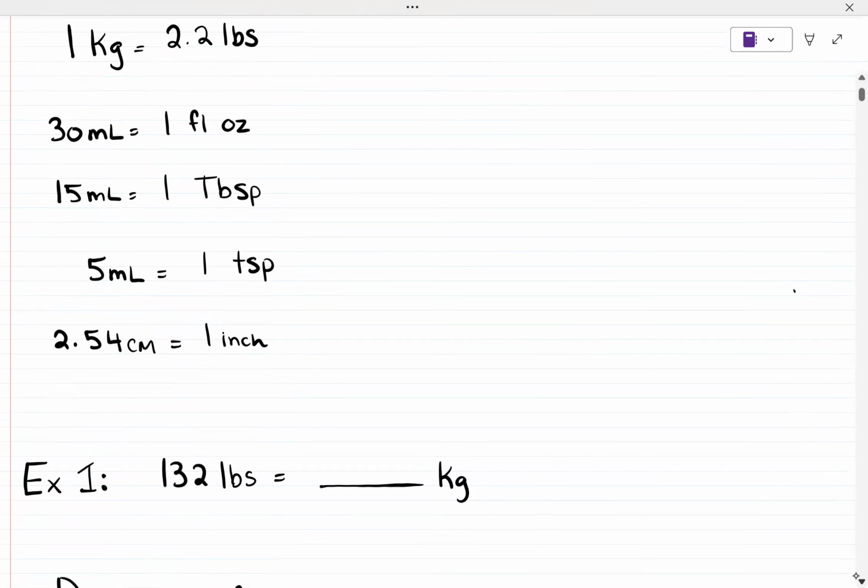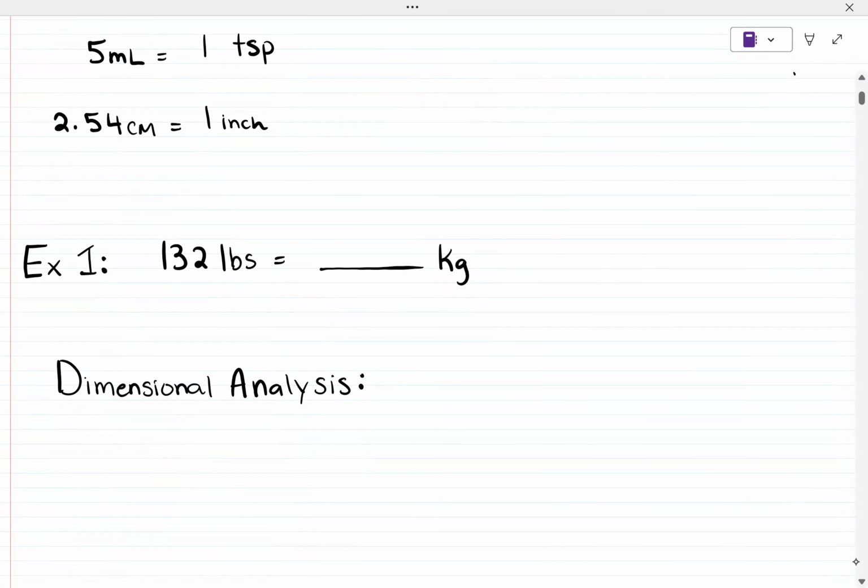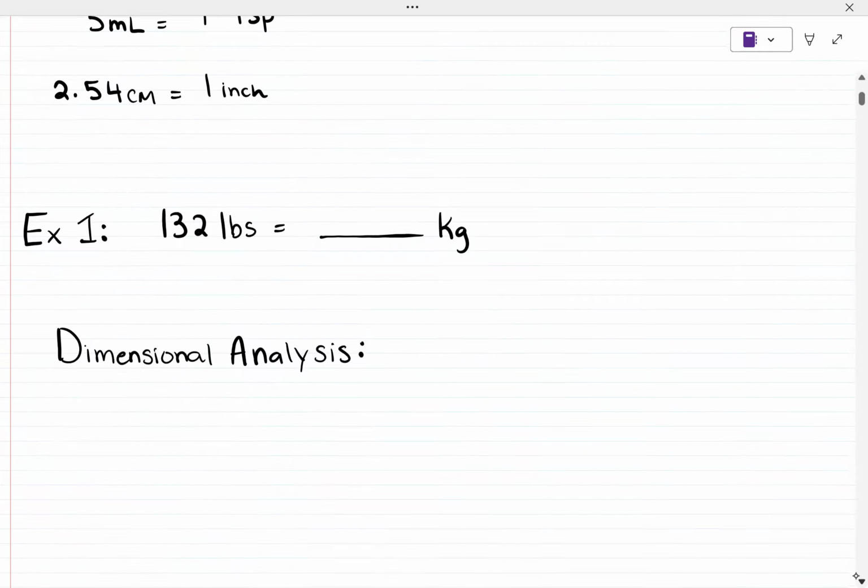Okay, let's start with example one. We're going to do two methods, dimensional analysis and ratio and proportion. In example one, we have 132 pounds equals how many kilograms. Let's start with dimensional analysis.